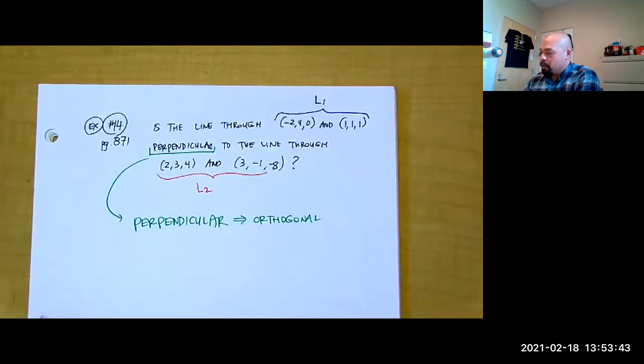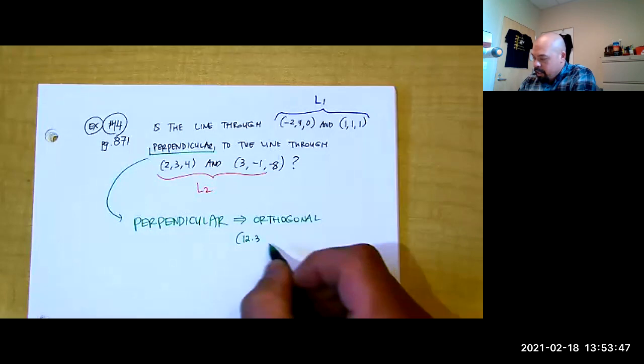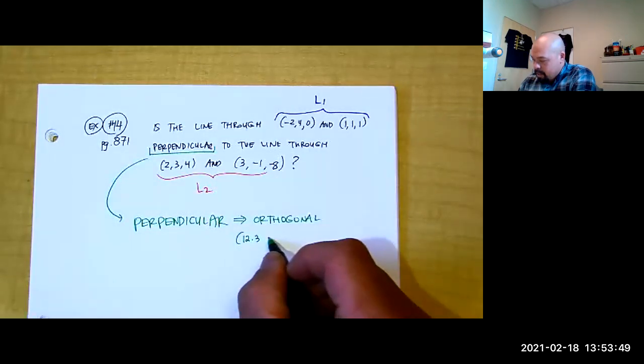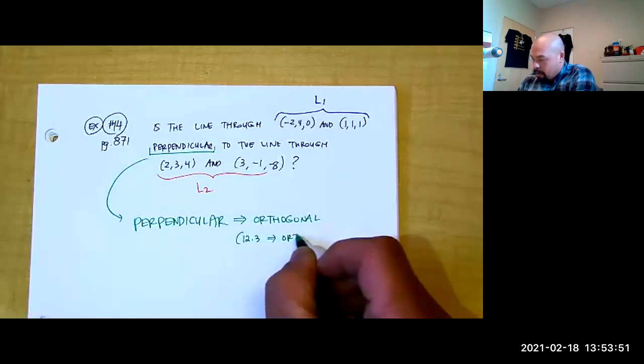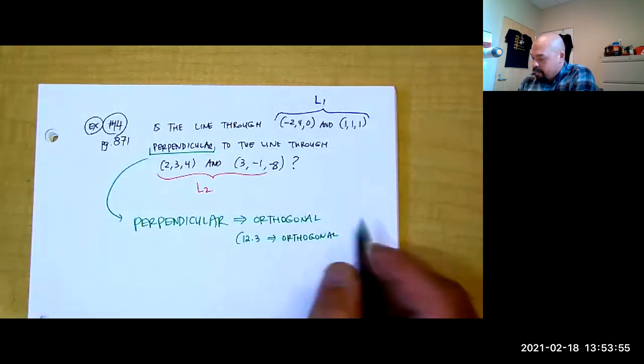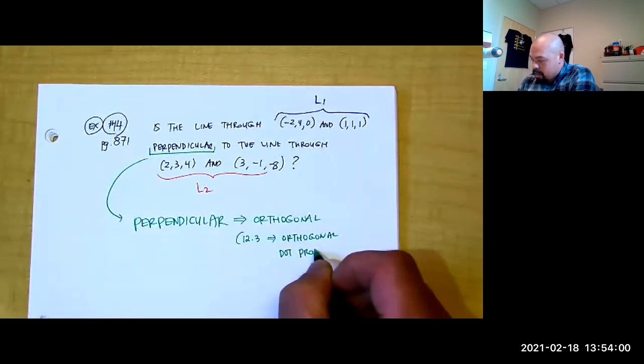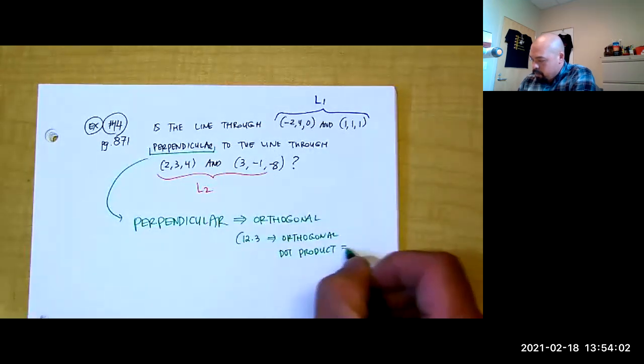And going back to some of our work, I think it was 12.3, if we're orthogonal, if we're perpendicular, that means that the dot product equals 0.